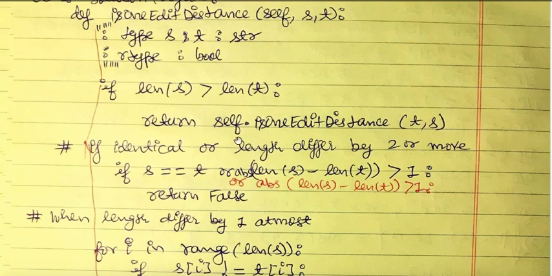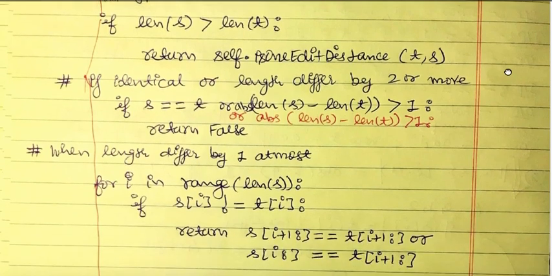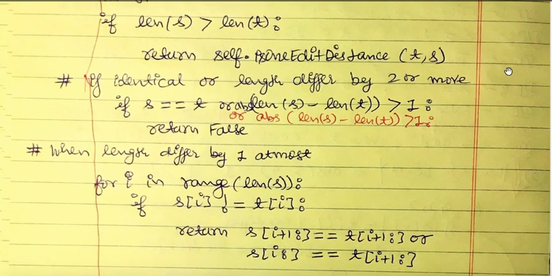So we return self.isOneEditDistance(T, S). We call the same function with the reverse roles of T and S. We do it because in our code we try to use a source which has a smaller size. It makes the analysis much easier. As I said, one edit distance is symmetrical, so it does not make any difference.